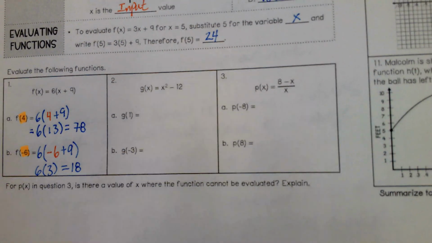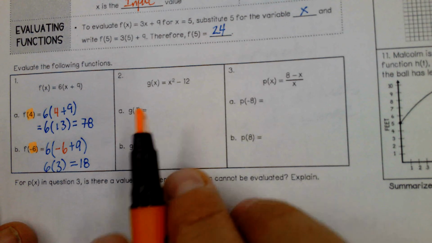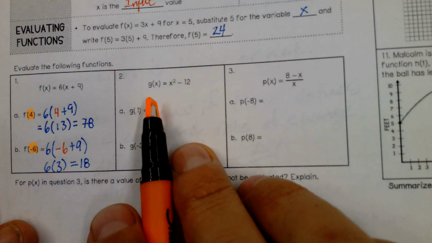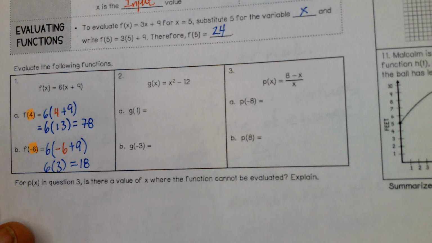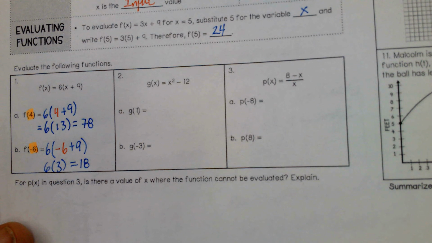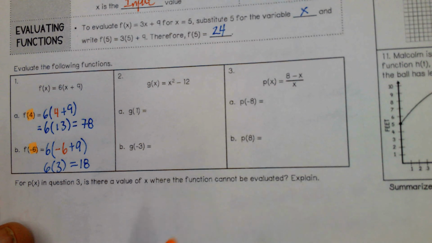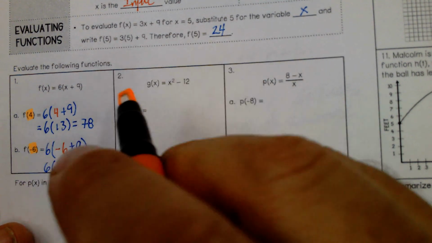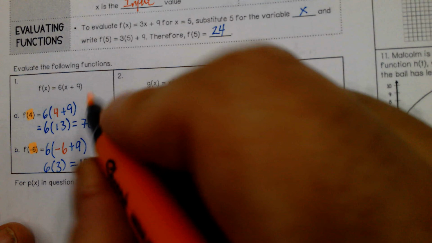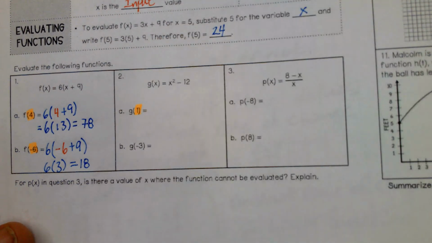So let's see. On the next function, notice on this one they're not calling it f, it's g of x. So that's another g, p, x, just depends. So they're asking us to, in this function, evaluate it when x is 1.